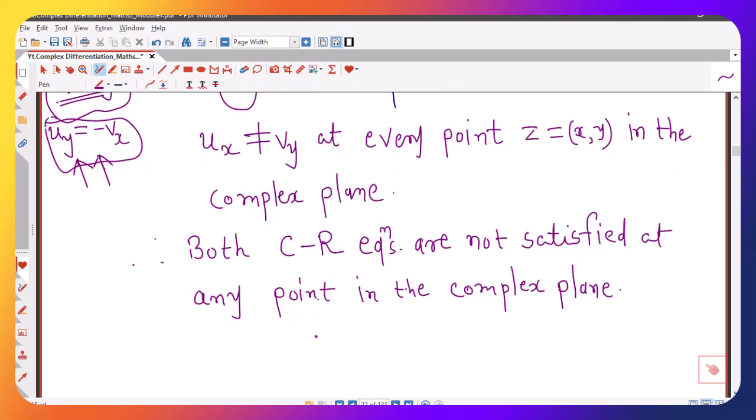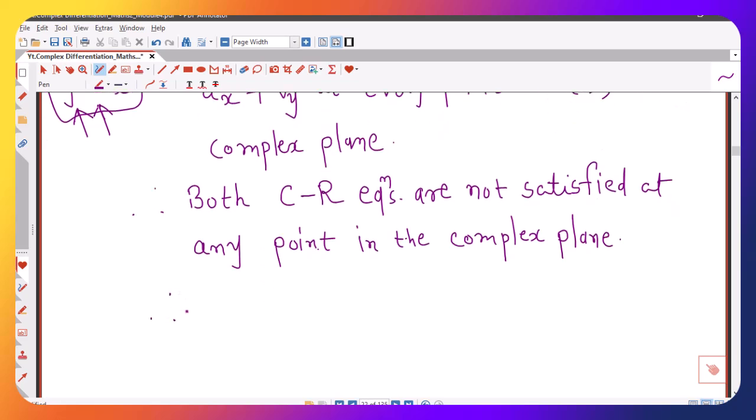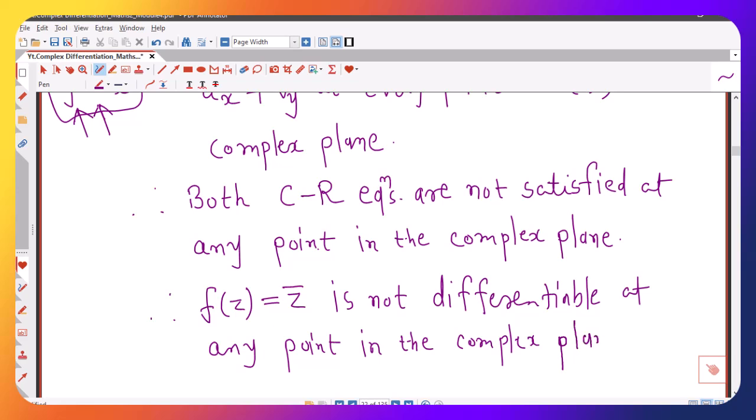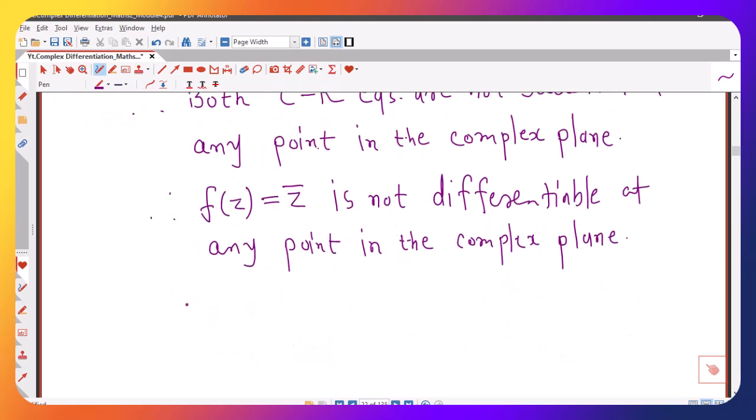Therefore there is no point at which both Cauchy-Riemann equations are satisfied. And if Cauchy-Riemann equations are not satisfied, then we can say that function is not differentiable at any point. F of z equal to z bar is not differentiable at any point in the complex plane. In other words, we can say that f of z equal to z bar is nowhere differentiable.